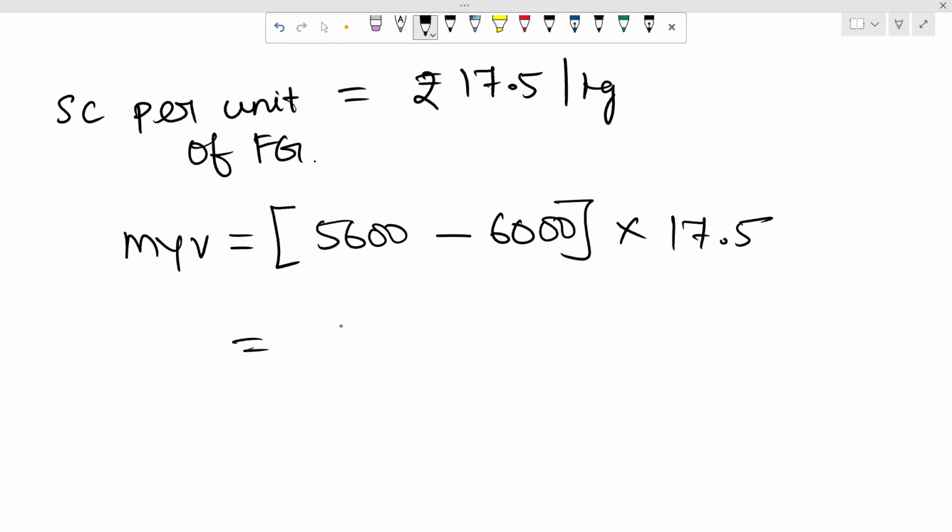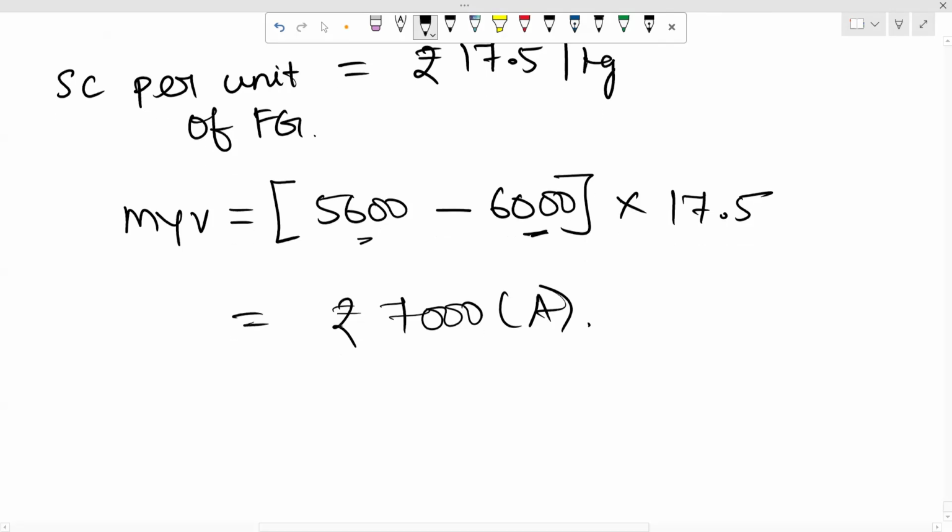We get rupees 7,000 adverse. Why is it adverse? Because as per standard, we should have produced 6,000 kg by making use of 7,500 kg of input. But we actually produced only 5,600 kg of output by making use of 7,500 kg of input. So we produced less than the standard. So it is an adverse variance, right?